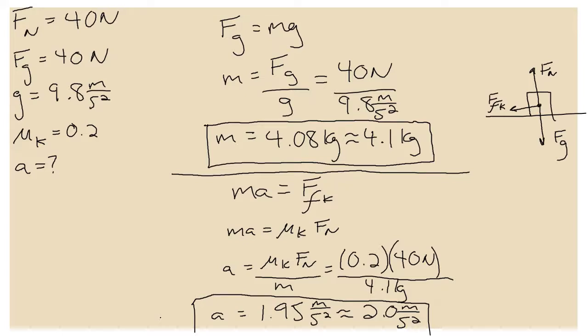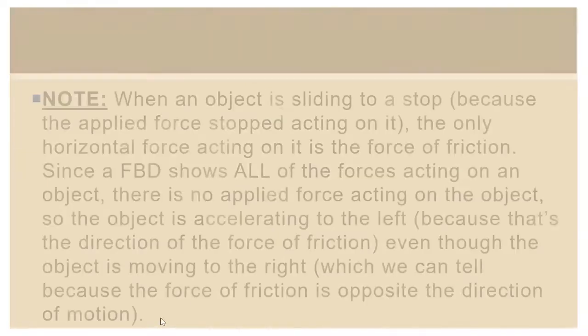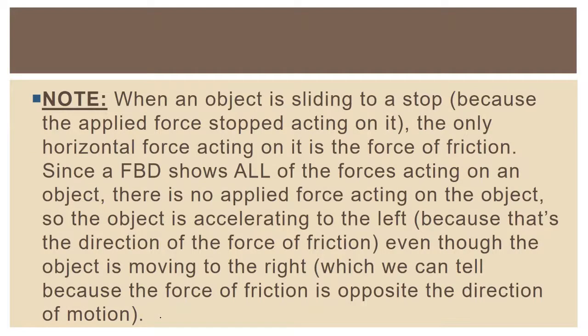Solving for the acceleration here requires you to recognize that the only force acting on the object is the force of friction. Let's write one more note about that before we move on from this problem. This note says when an object is sliding to a stop because the applied force stopped acting on it, the only horizontal force acting on it is the force of friction.